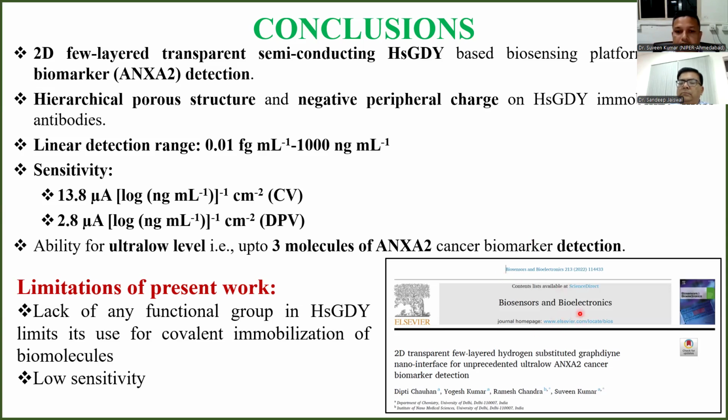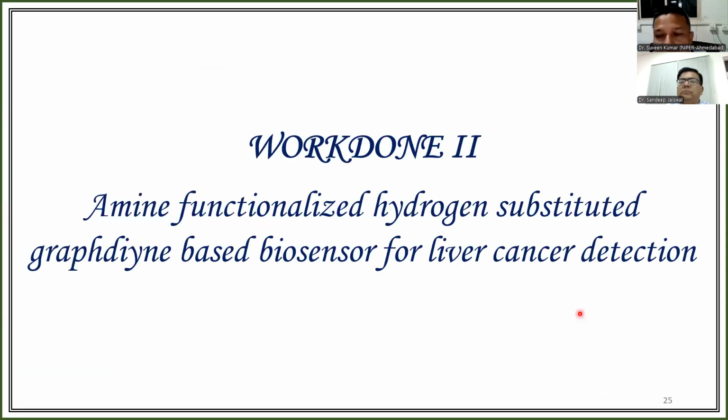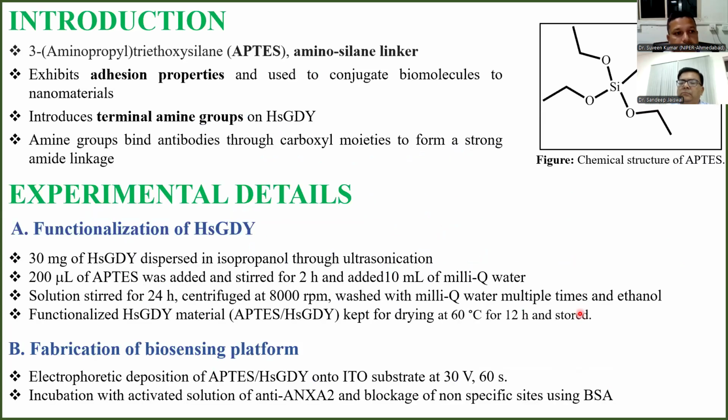Another work is the amine functionalization to improve the shelf life of our fabricated electrode. In the next work, we used amine functionalized hydrogen substrate graphene, and we tried to develop covalent bonds between our nanomaterials and bioreceptors. This is the introduction to 3-aminopropyl triethoxysilane.